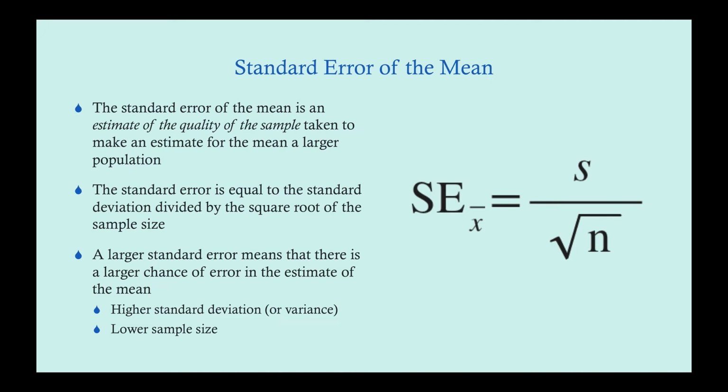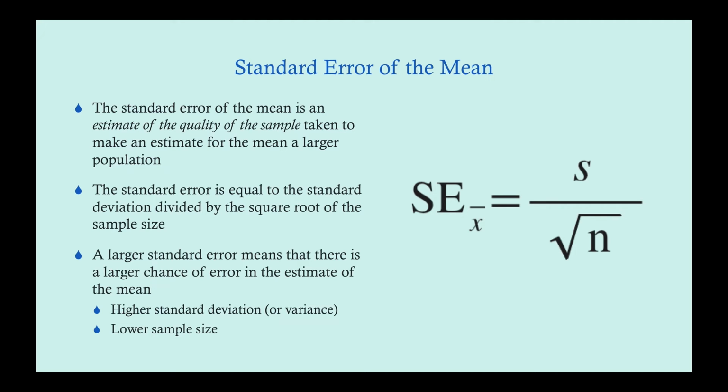Okay, so let's apply some of this stuff, particularly some of this stuff that we learned about in the previous video. And this is the standard error of the mean. So the standard error of the mean is just an estimate of the quality of the sample that you took and how good that sample and that estimate is at making an estimate for the larger population.